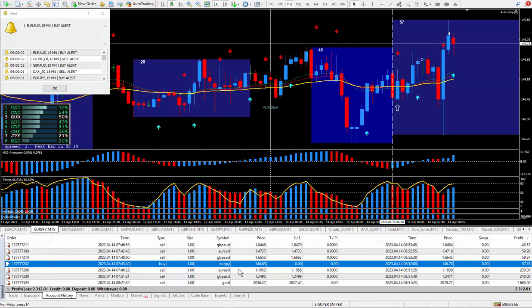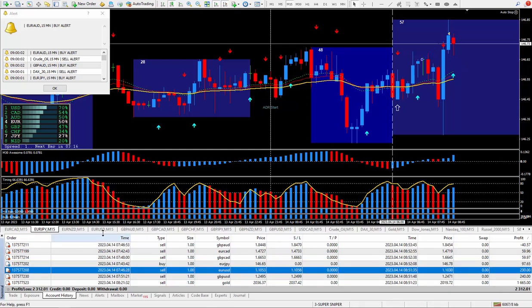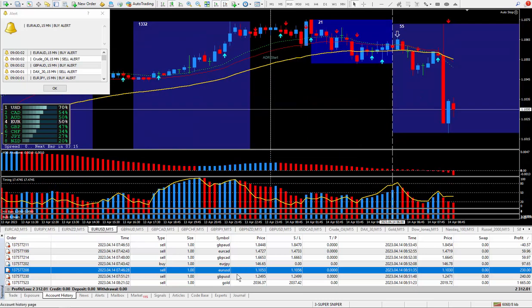Okay, let's move on to the next trade. Now the Euro Dollar, same as the Pound Dollar, because the USD is on the right hand side, it does pay $10 for each pip. So looking at the money, this should be 23 and the next one should be 24. So let's see, Euro Dollar.